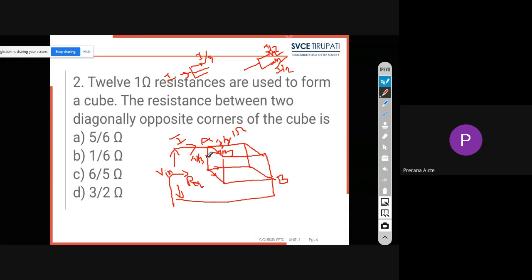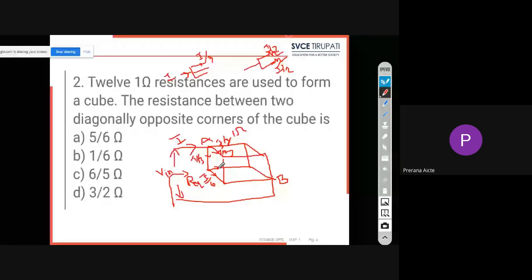Yes or no? This I by 3 will again be divided into 2 parts. What is each branch current now? I by 6. Why I by 6? This I by 3 is divided into 2 subparts, I by 3 by 2. It is I by 6, and it is also I by 6.